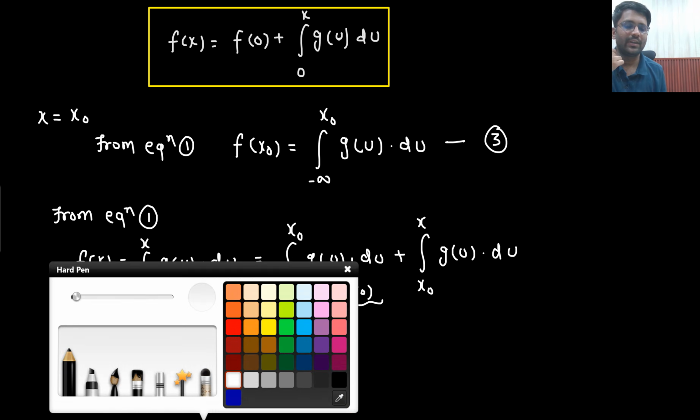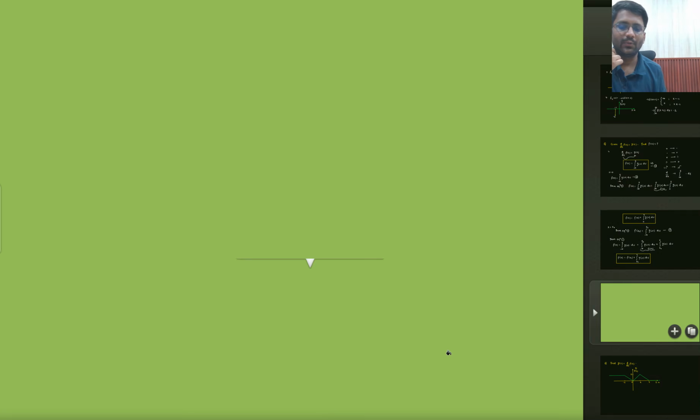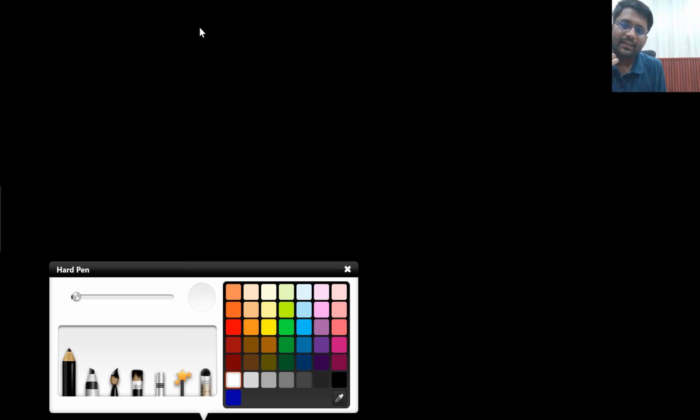Another answer. So what did you understand from here? Let's write down the conclusion. The conclusion is that if d by dx of f(x) is given as g(x), then from here f(x) will be nothing but, with the d by dx going to this side, the integral from minus infinity to x of g of u du.